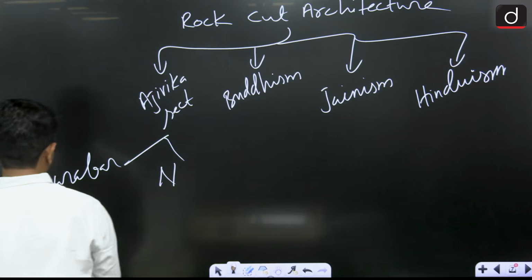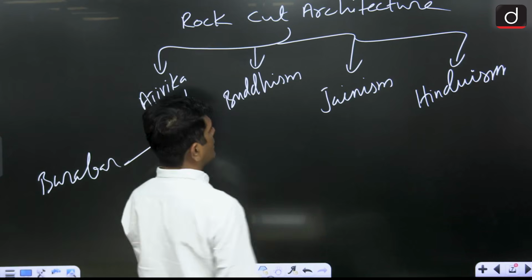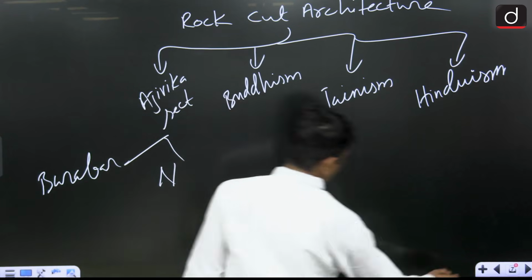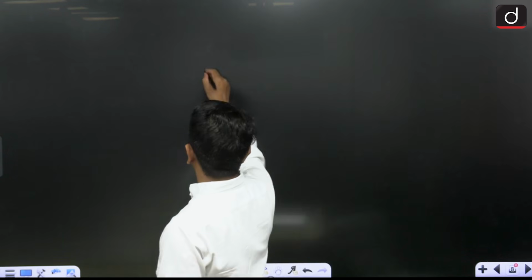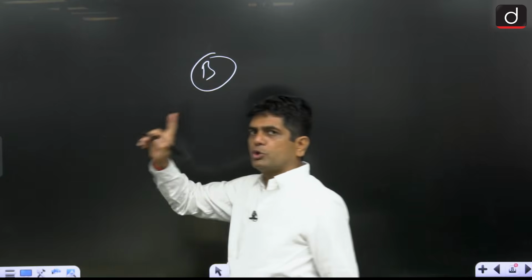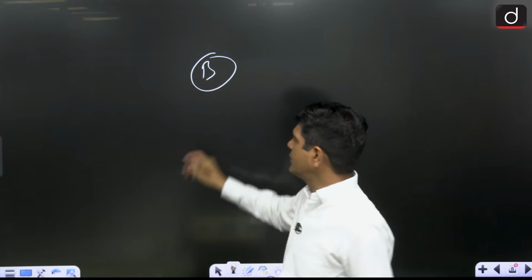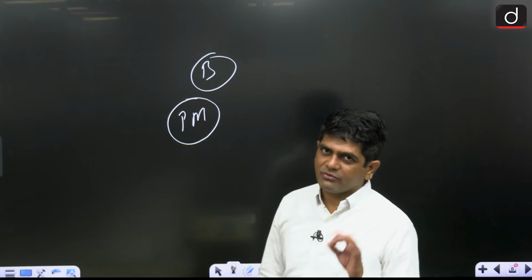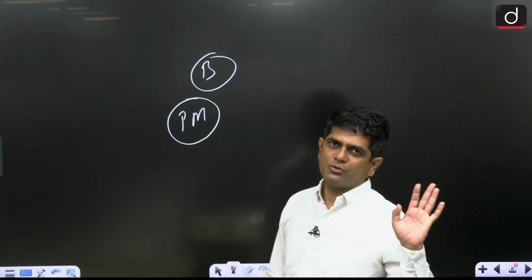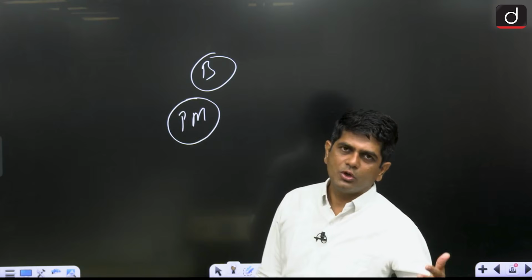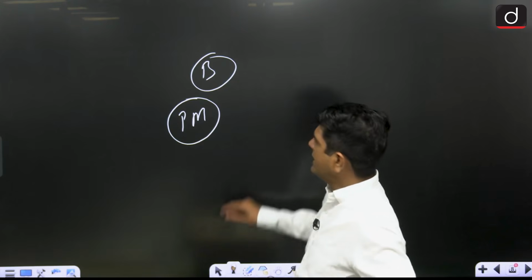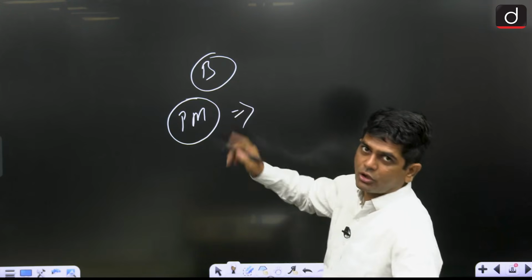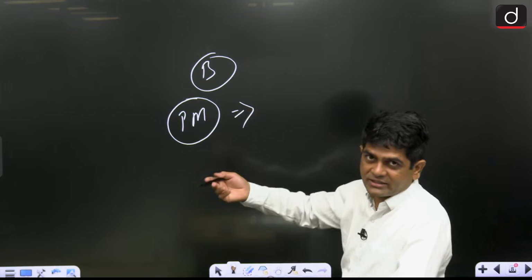Then in Buddhism, I have discussed so many rock cut caves, like in the post-Mauryan period, in the reign of the Satvahana rulers towards the western Deccan or western Maharashtra, we have the Buddhist rock cut caves built where?